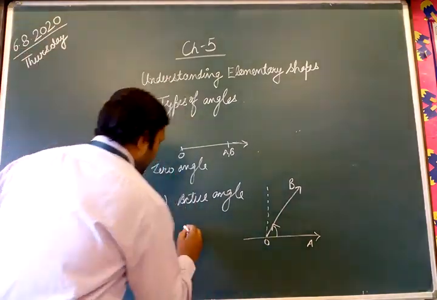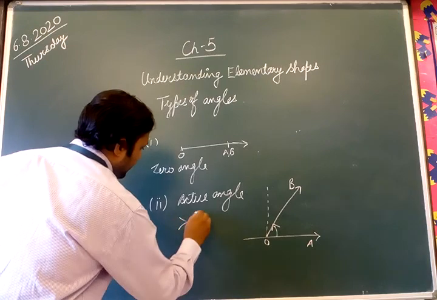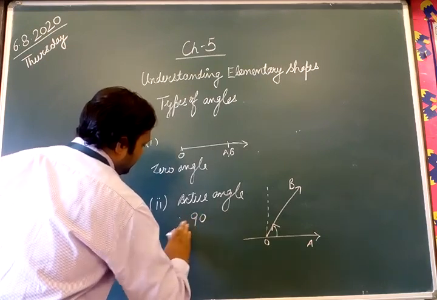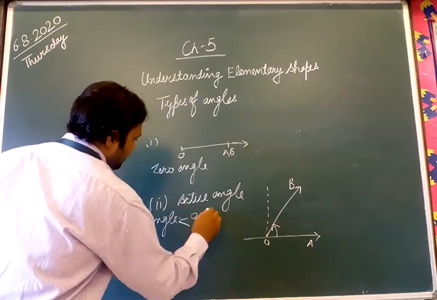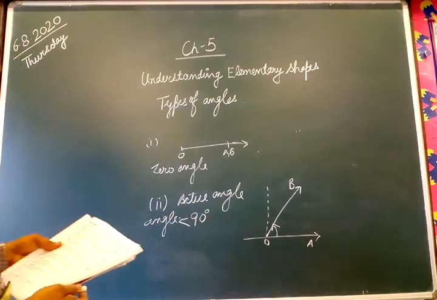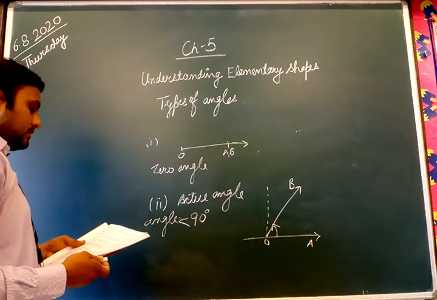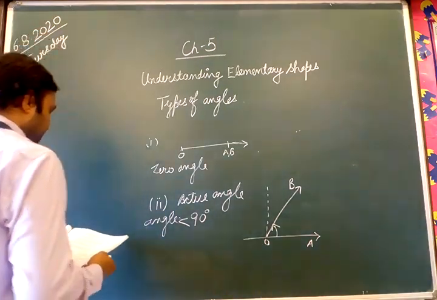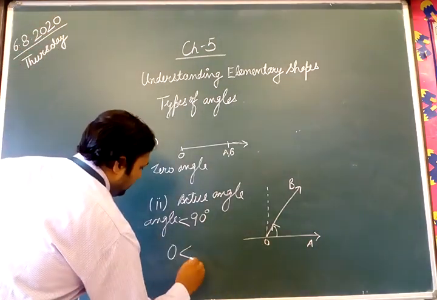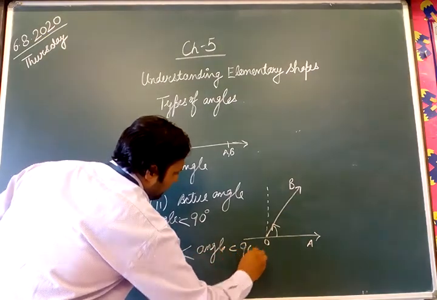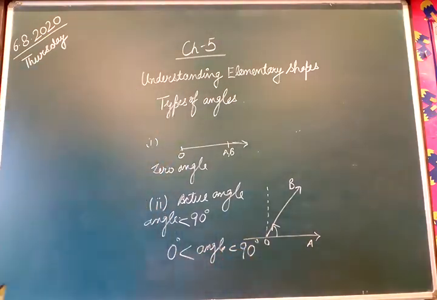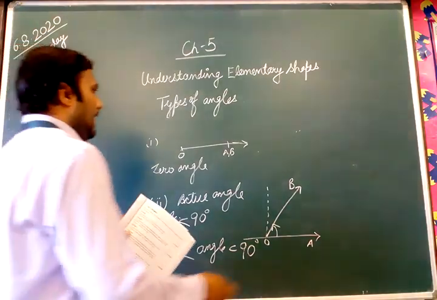It means an angle which is smaller than 90 degrees, whose value is greater than 0 degrees. The angle is greater than 0 degrees but smaller than 90 degrees. So it is an acute angle.